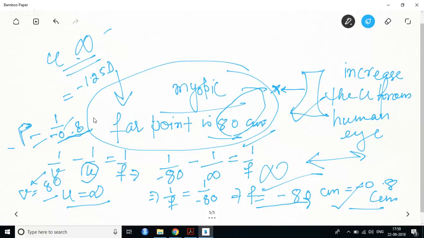Okay, next question is, I'm just taking a part of the question. The near point of a person is 1 meter. A person is suffering from hypermetropia.